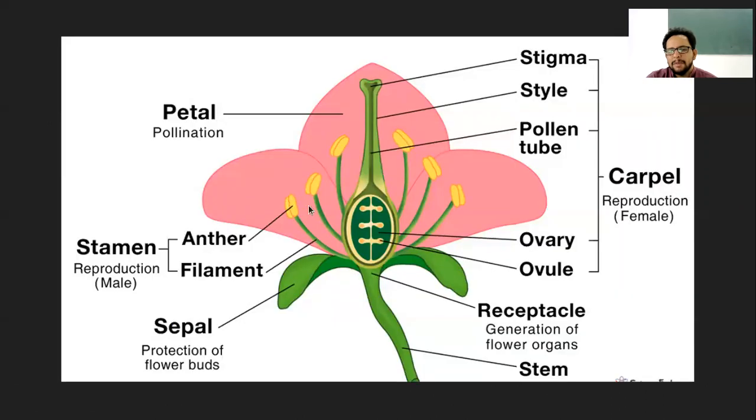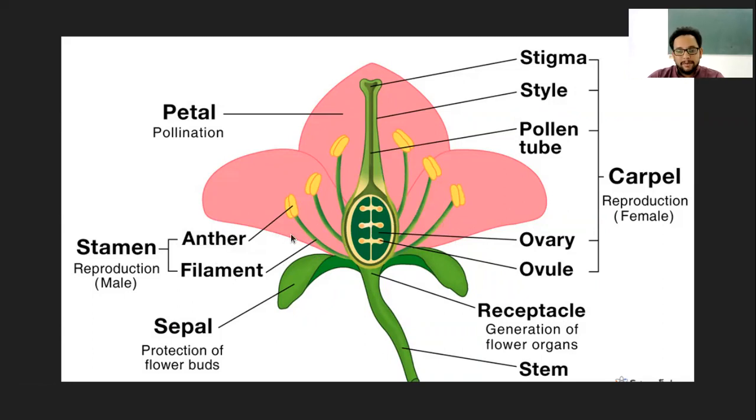Now you can see there are many stamens, 1, 2, 3, and 3 on the other side. So there can be 6 or more, or can be 1 or 2, depending on what type of flower it is. The number of stamens will vary, but each stamen will always have a filament and an anther.